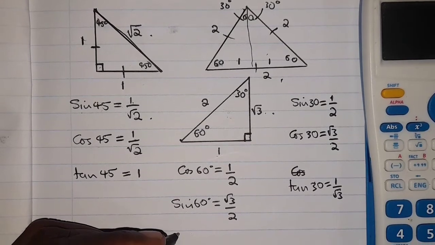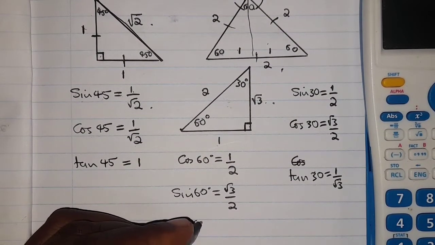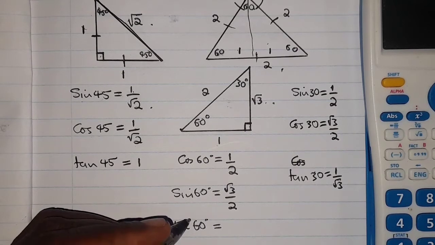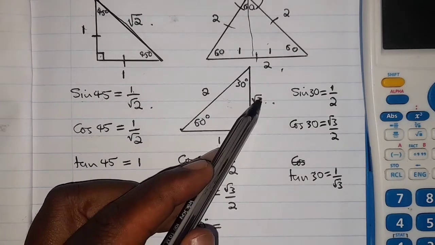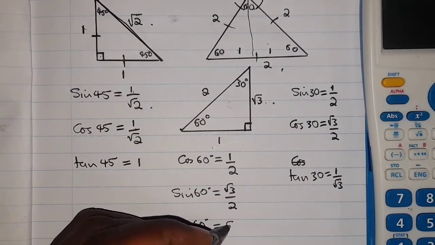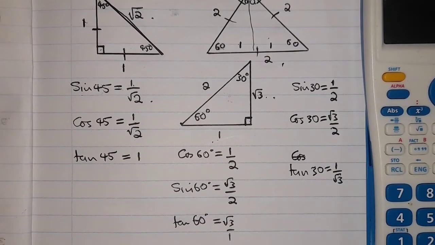And then we have tan 60 degrees also. Tan is opposite over adjacent. This is our 60, so it's opposite over adjacent, that's √3/1.